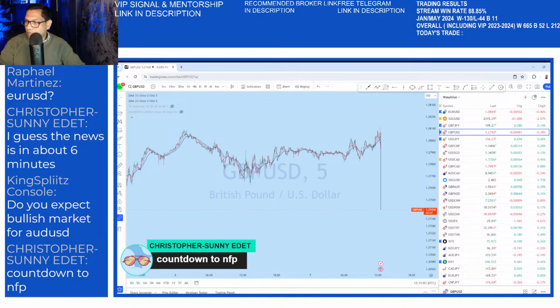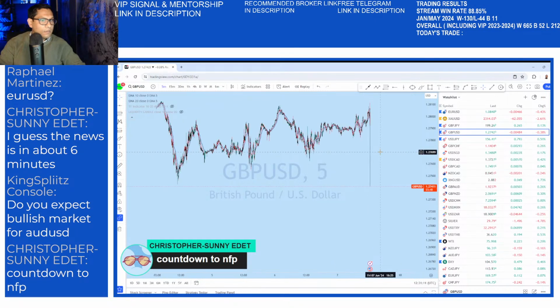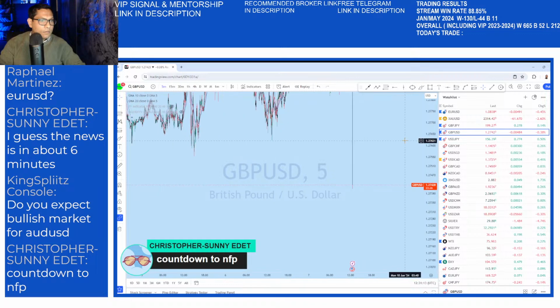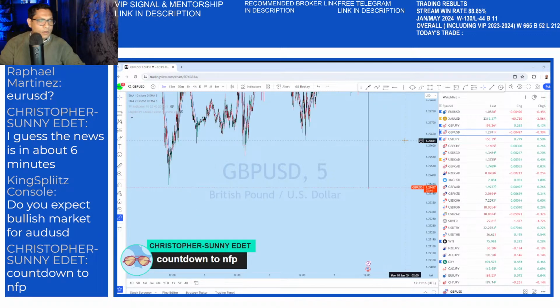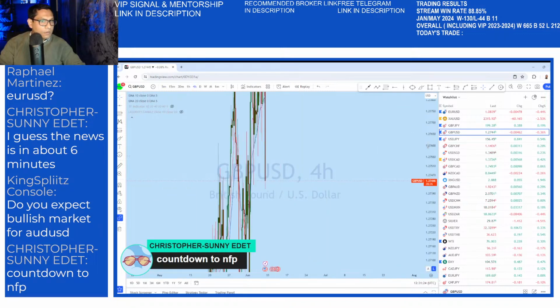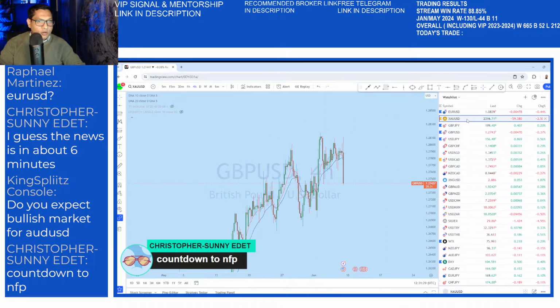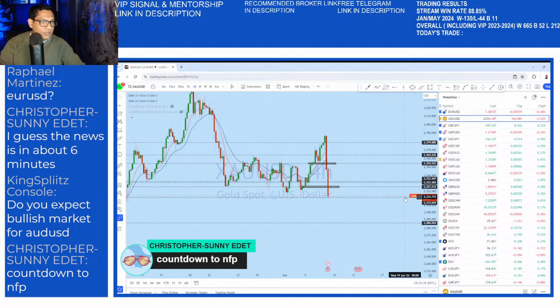That's a big drop. How far it's gonna drop. So GBP USD managed to break down. We look at gold, also did that in the same direction, has broken down.